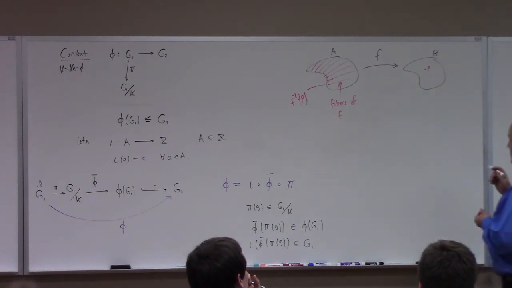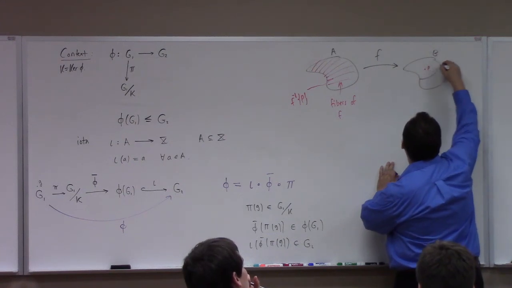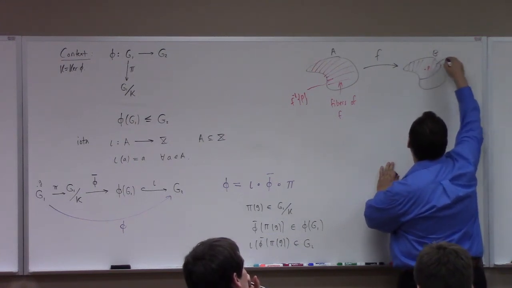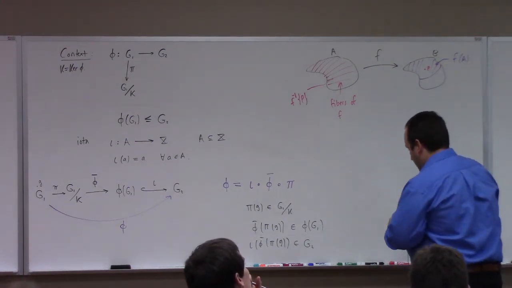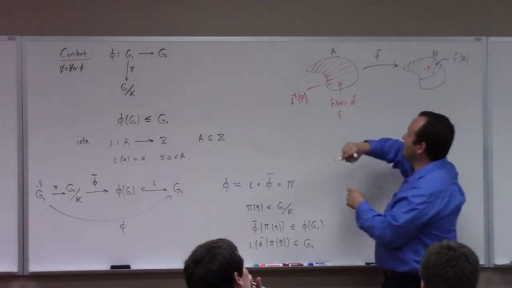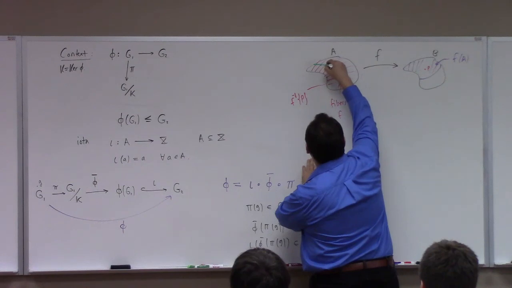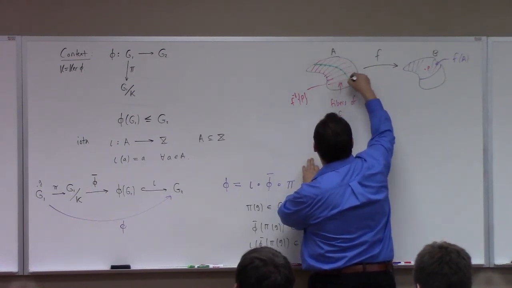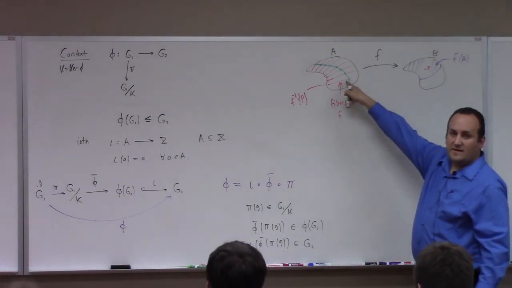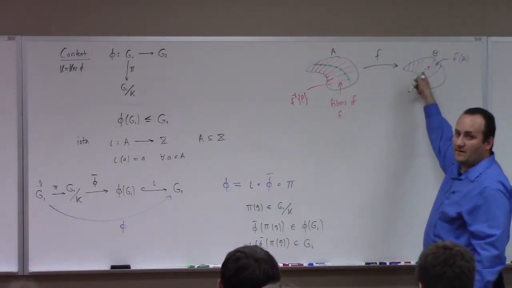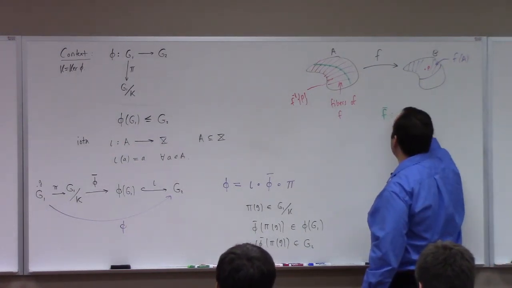And then the function just maps onto some particular subset of B. That's f of A. And so what you can do is just take a cross-section of the domain, which means that you pick one point from each fiber. And you just say each one of those gets sent to the corresponding point over there. And it gives you this f bar.